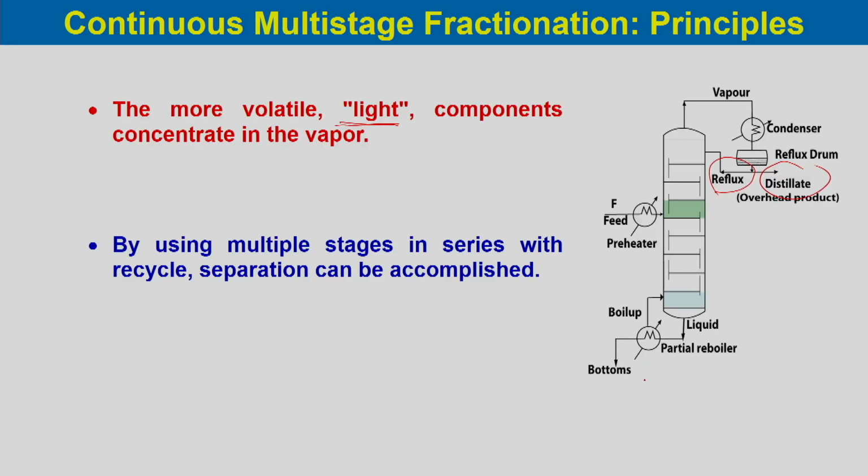As we said, the less volatile component will concentrate in the liquid phase, so it will be richer in the bottom product, because the liquid will fall down and you can get a liquid product over here. The lighter, more volatile components will move upward and you will get the more volatile component as a distillate product at the top.